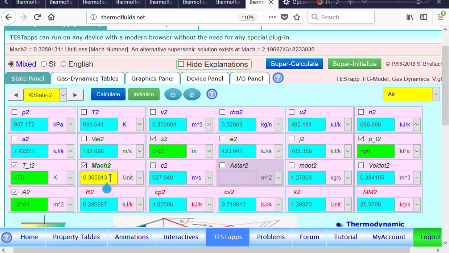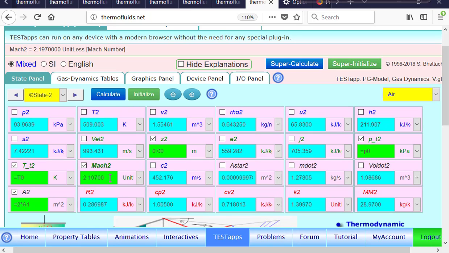We introduce the supersonic solution that we already found, 2.197. So A star will be the same as A star 1, and m dot 2 will be the same as m dot 1, almost equal as you can see. But the solution is now supersonic, so the velocity is very high now, 993 meters per second.